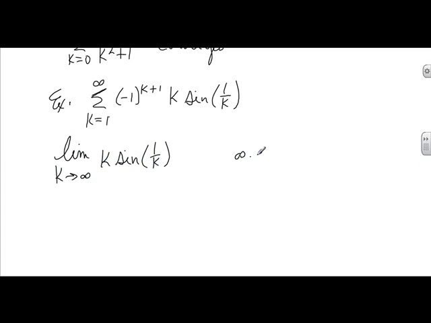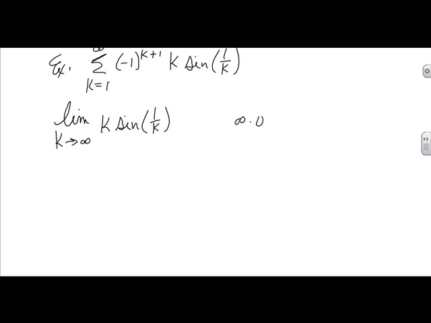Sine of 1 over k is getting closer and closer to 0 as k increases. That's an indeterminate form that's not very helpful, and it's not one of the forms that L'Hopital's rule applies to. So we change it a little bit. Instead of multiplying by k, let's think about dividing by 1 over k. This gives us 0 over 0.